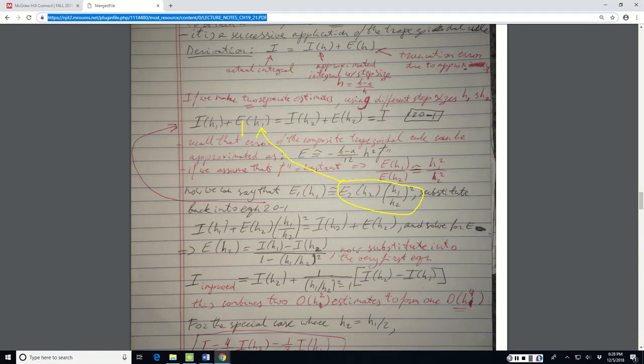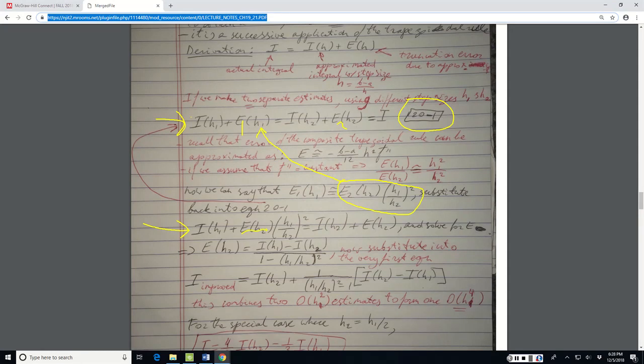So this was your error 1, and this was your error 2. And that's what I'm showing here. So you just take this equation here, equation 21, and you plug in for E1 the equation which contains E2. So basically, now you only have one error term on both sides, the E2.